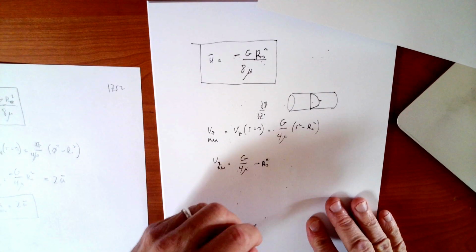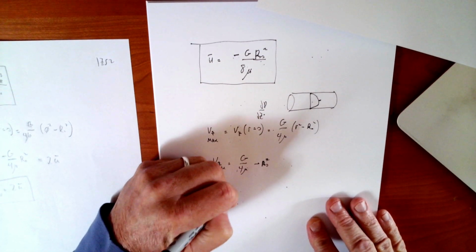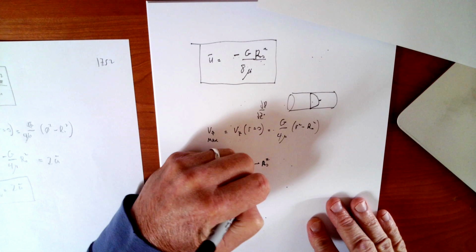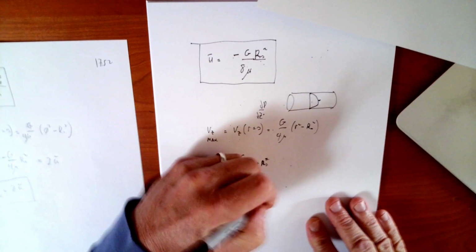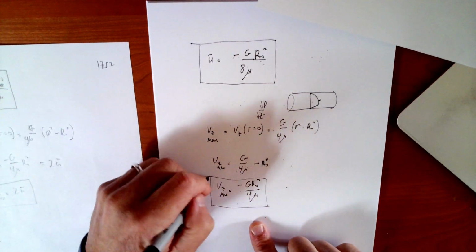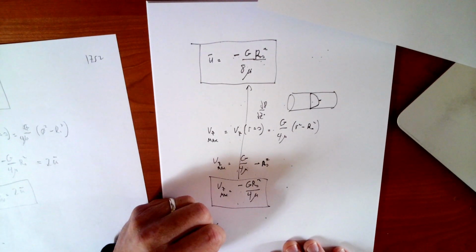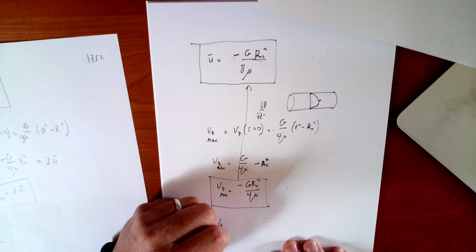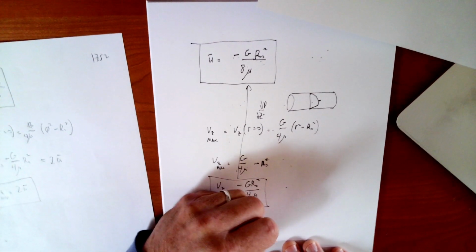I didn't write that very well. I'll write it so you can see it better. Vz max is equal to minus g r naught squared over 4 mu. So that's our maximum. Notice you can compare that to this, and you can see very clearly that Vmax is equal to 2 times the average.